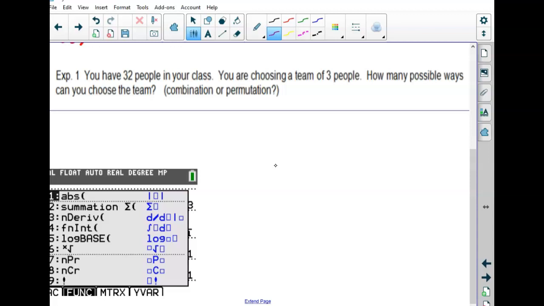Or are they the same team? Okay. If they're the same team, then what is it called? Yeah, it's a combination. So out of 32, a combination of 3.